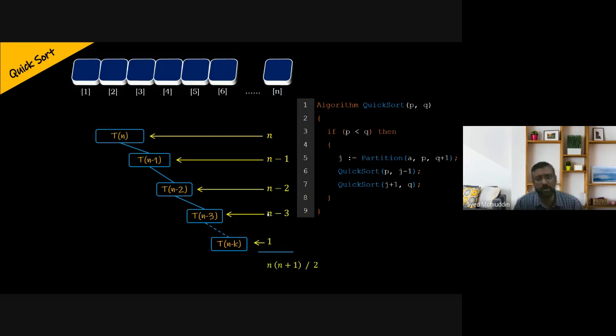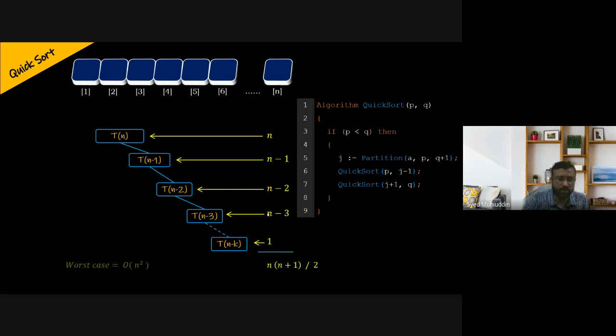And every time the recursive call is made on the right partition, one element will be less at each level. So if you sum these up, it will be n into n plus 1 by 2. This is the summation of n, which is n into n plus 1 by 2.